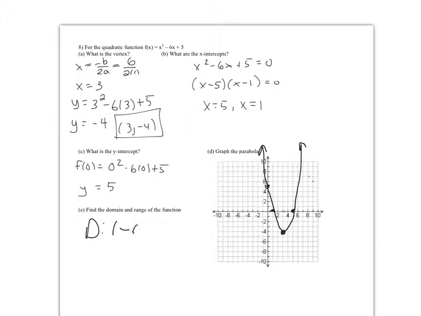Domain, one last time, is negative infinity to infinity. The range is from negative 4 to infinity. Whoops, and then I wrote that wrong. When we're doing range, my graph actually touches negative 4, so I should have a bracket there.